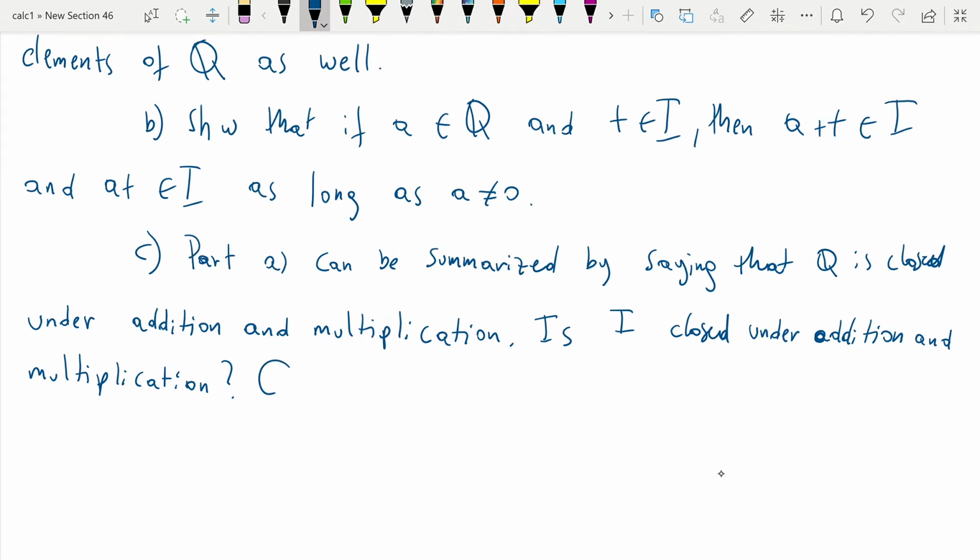To be more specific, what you should be looking into, and this is what they give you right after this question, is: given two irrational numbers, can you always say that the product is going to be rational or irrational?